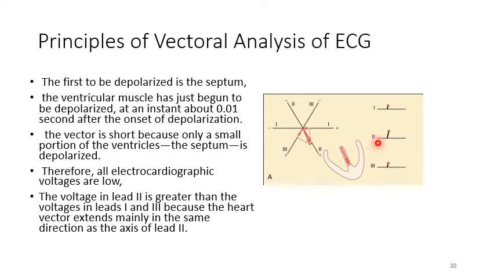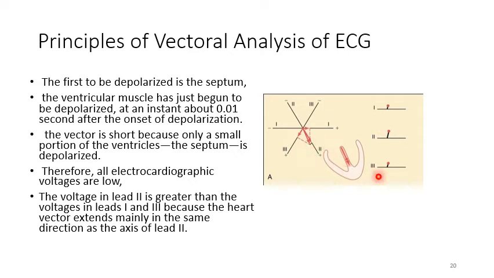Because lead 2 sees more of the instantaneous cardiac axis, it will draw a longer line. And it's positive because it is along the direction of the cardiac axis.